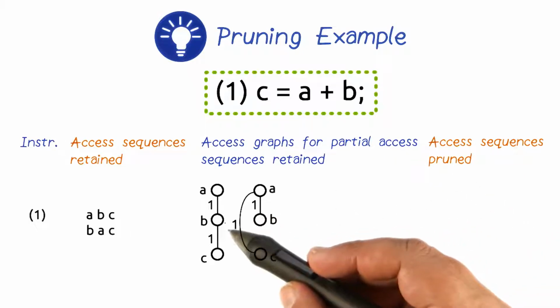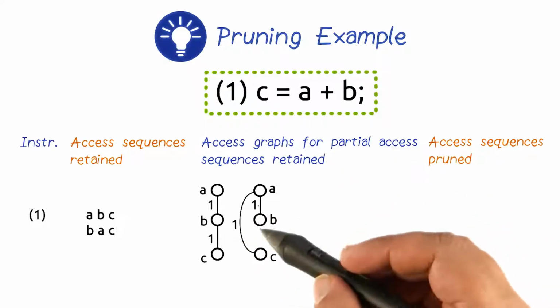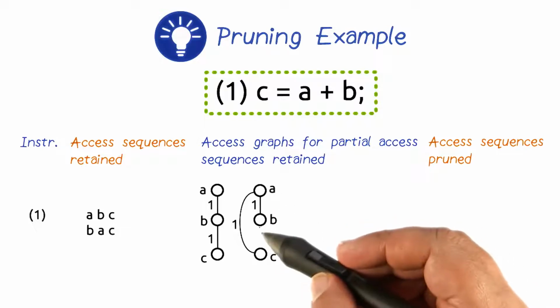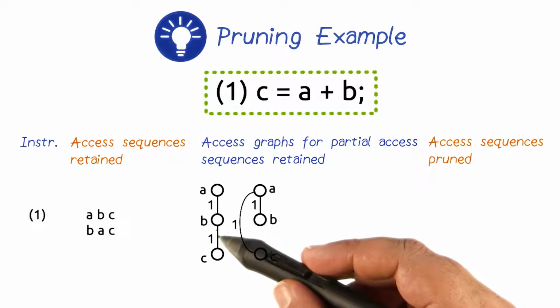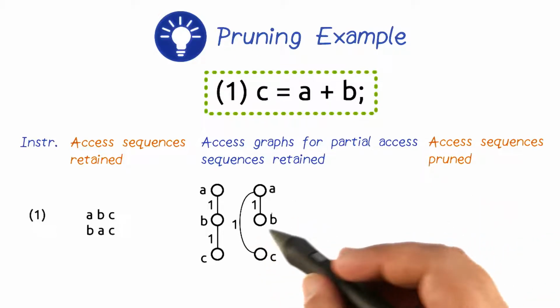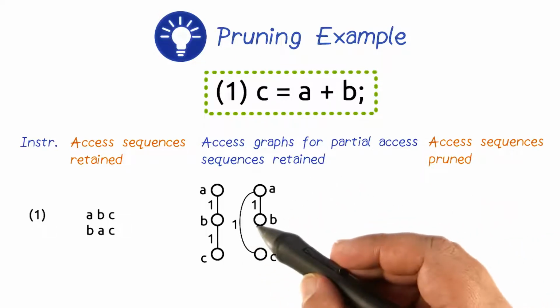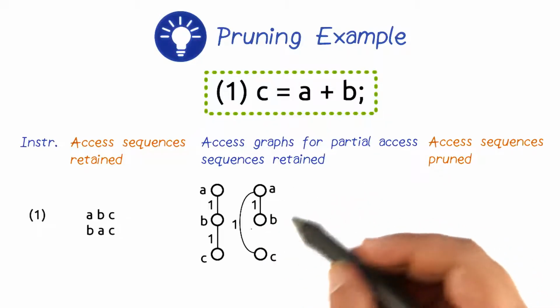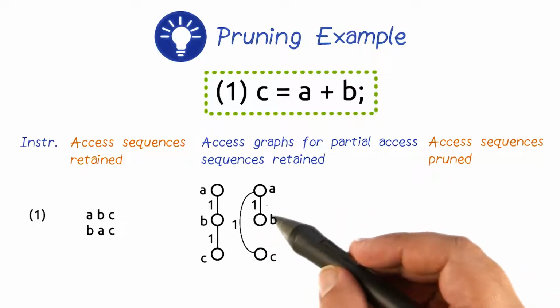If it so turned out that during this process one of the transformations had a lower cost than the other, then only that access sequence will be retained and the other one will be removed. And from that step onwards, we'll be using that access sequence which has the lowest cost and go further and prune some other things for the next set of accesses.